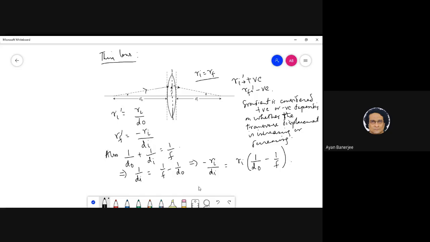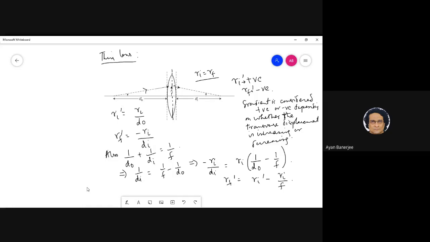So that means my Rf dashed is Ri dashed, Ri by do is Ri dashed, minus Ri by f. Clear? Very simple steps, right?